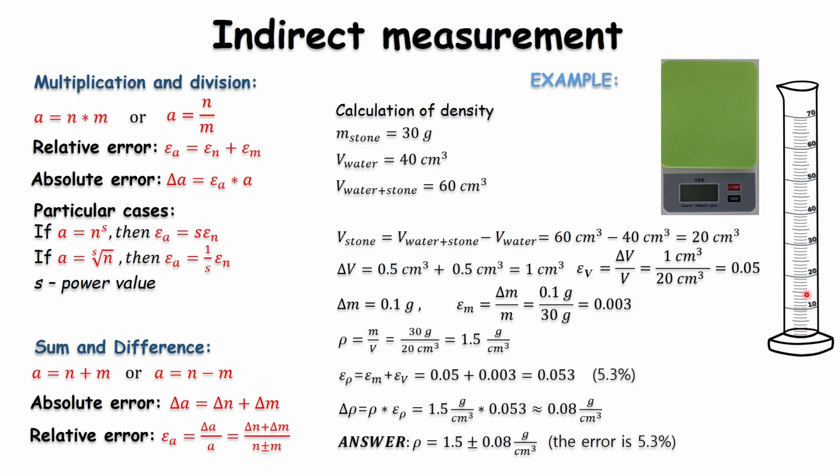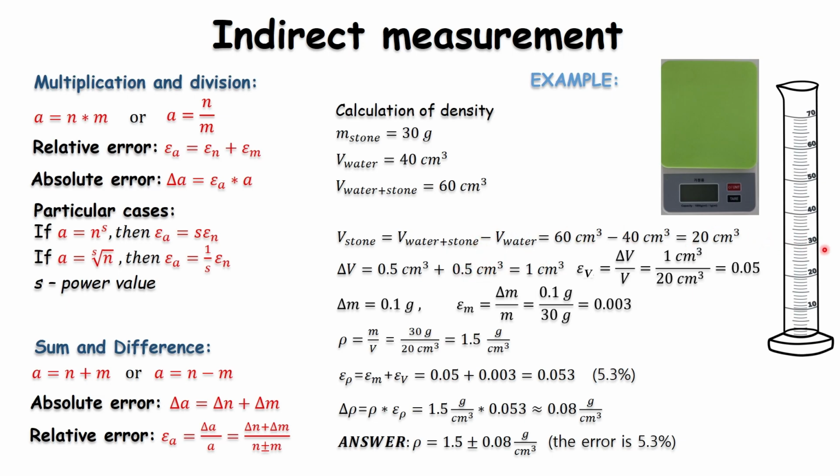So here the minimum scale division is 1 cubic centimeter. So the absolute error for this volume would be 0.5 cubic centimeters, and for this one also 0.5 cubic centimeters.